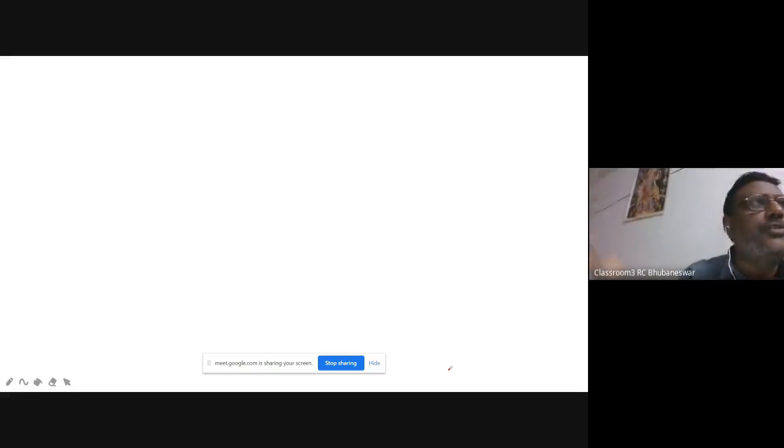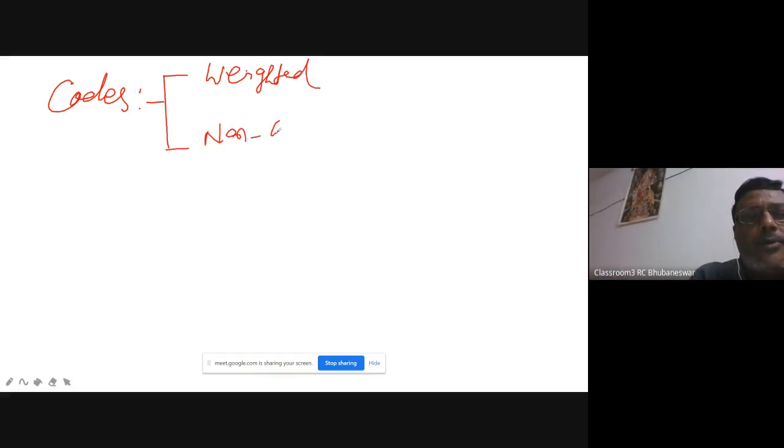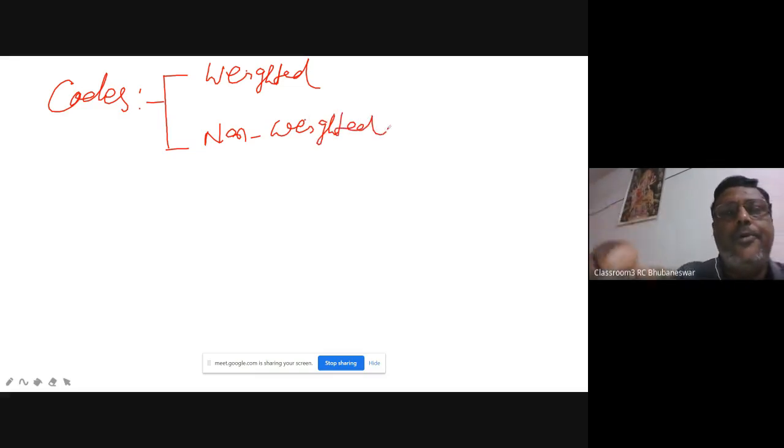Also, the system uses certain codes. One is vector code, another one is non-vector code. Under vector code, we have a code called BCD.